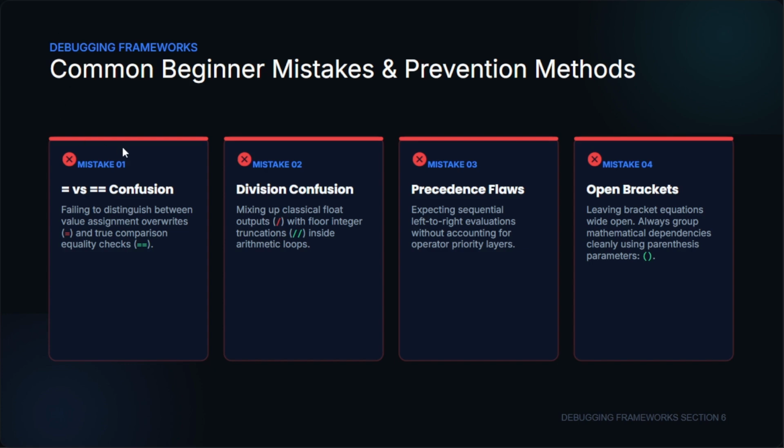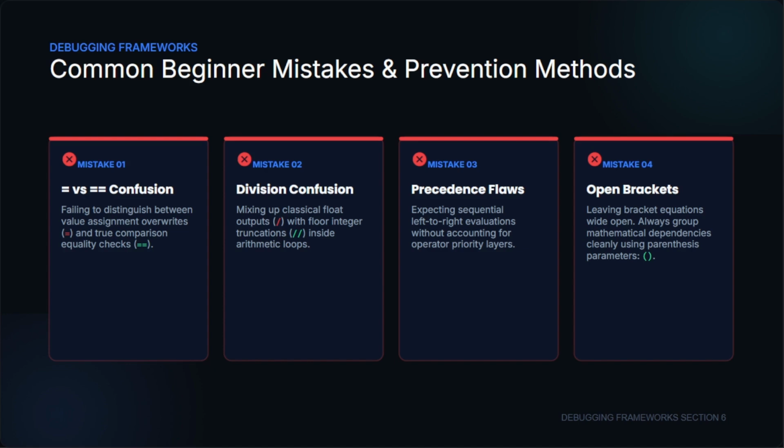It just considers them all as 0. Then the same with precedence flaws: sometimes we put brackets but forget to close them. Many times we make these types of mistakes.